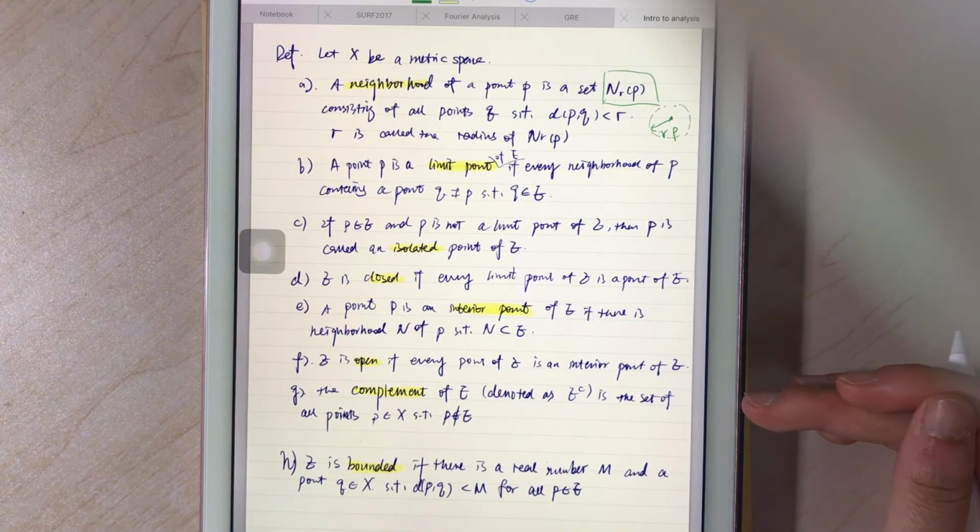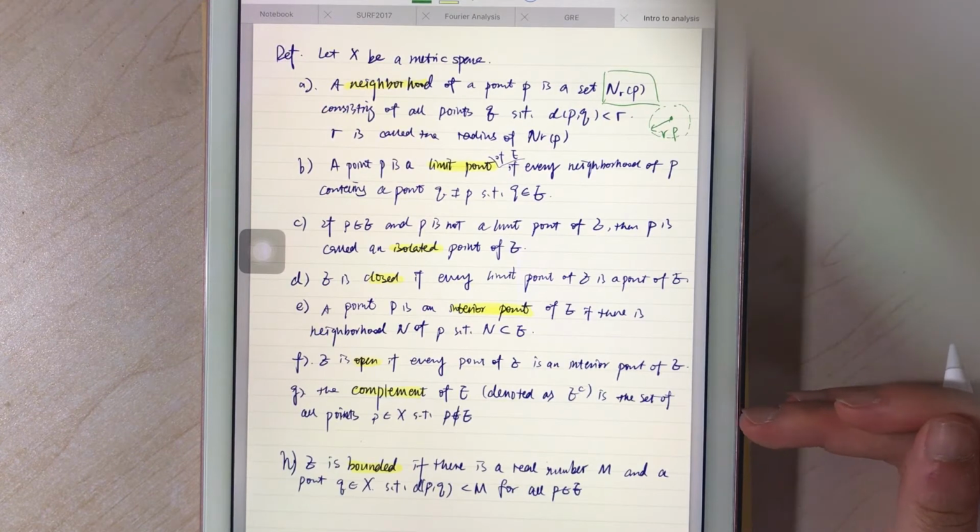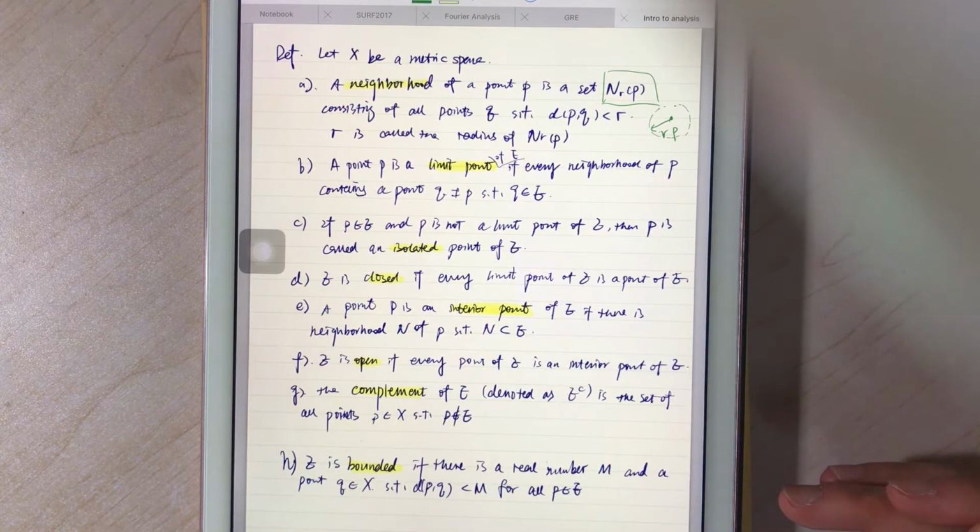F. So now we finally move on to open. What is an open set? A set E is open if every point of E is an interior point of E. It's just the same as the case on the real line.